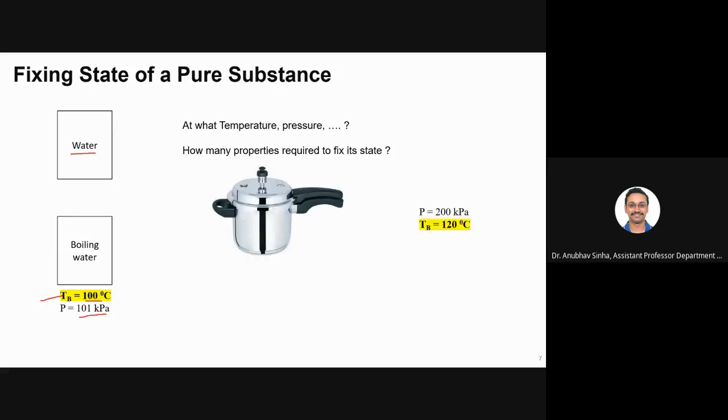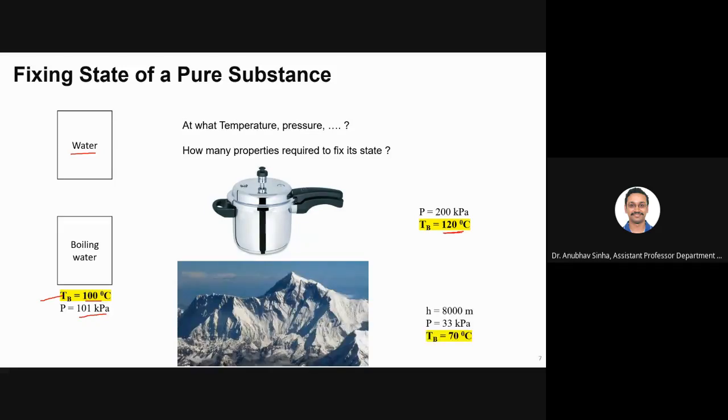So we could have TB which is more than 100 degrees Celsius in a pressure cooker. Pressure cookers typically operate at around 200 kilopascal, which is almost 2 atmospheres. At that high pressure, your boiling point changes to 120 degrees Celsius. Similarly, if you go to Mount Everest, at a height of 8,000 meters, the atmospheric pressure is roughly 33 kilopascal.